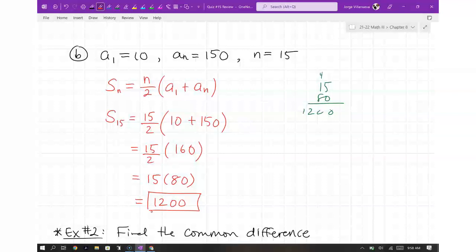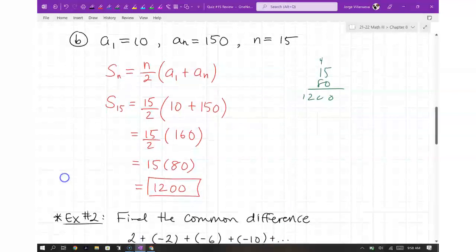So you can be aware that the reason why A took longer is because I didn't know my a sub n value. Here, they literally gave me a sub n. They said it's 150, right? And the other one, they didn't do that. So I had to figure it out. And again, the stuff in green is just scratch work, so you don't have to show that if you don't want to. You'll have a calculator if you need it.